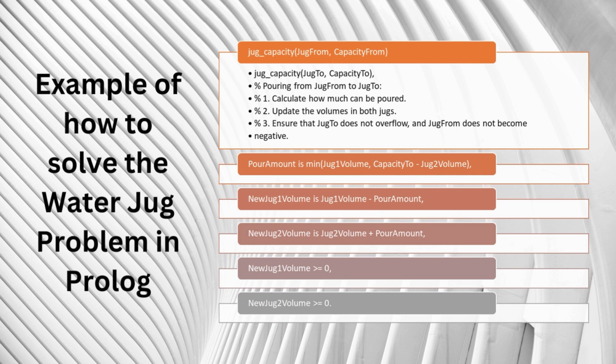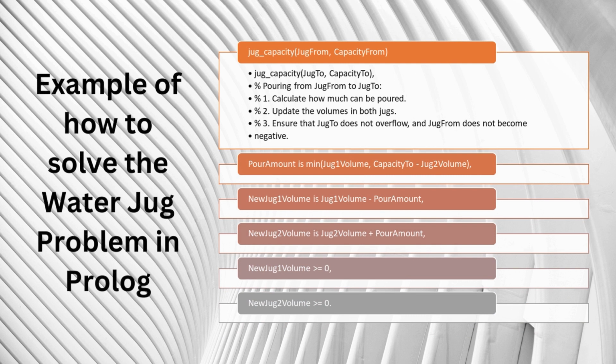First, calculate how much can be poured. Second, update the volume in both jugs. Third, ensure that jug 2 does not overflow and jug 1 does not become negative.